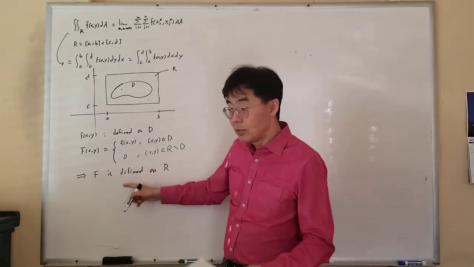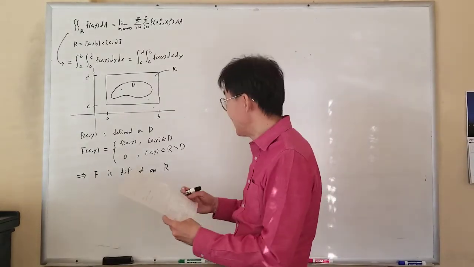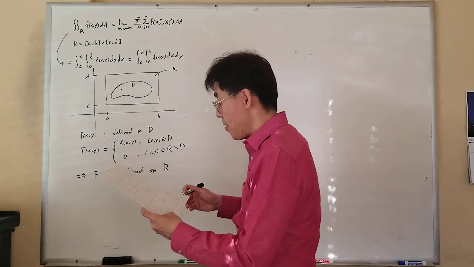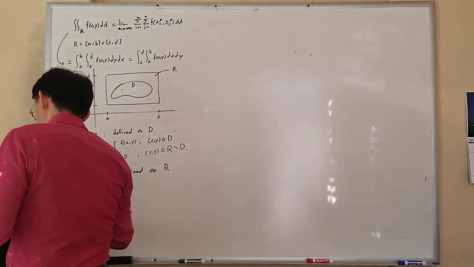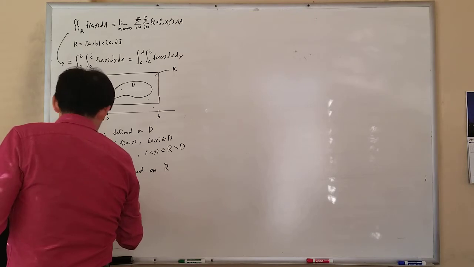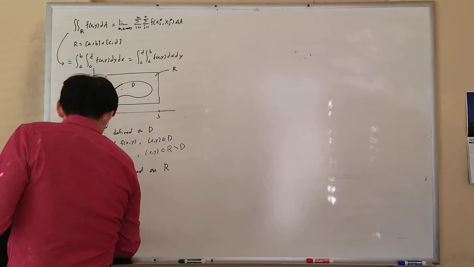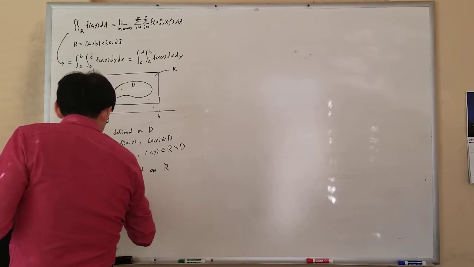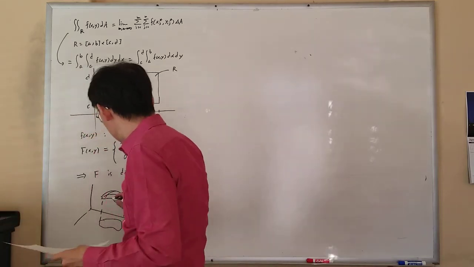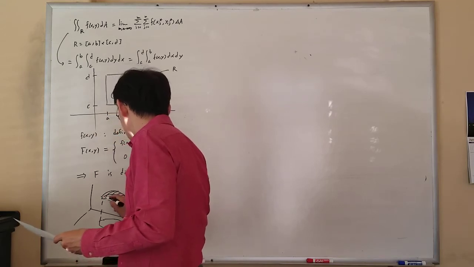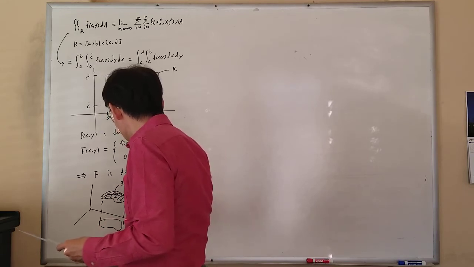And it is continuous. So if you think about the graph, it's hard to see. As you can see in the picture, so let's say these are the shape of the z equals f of x, y.